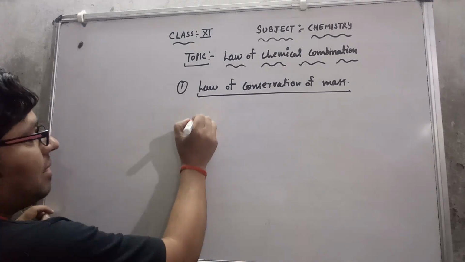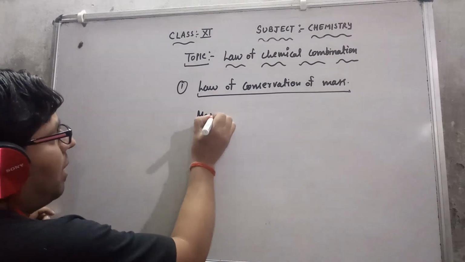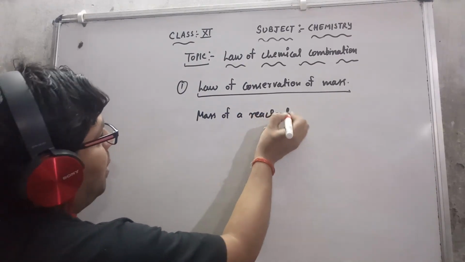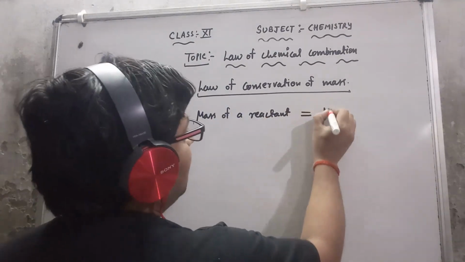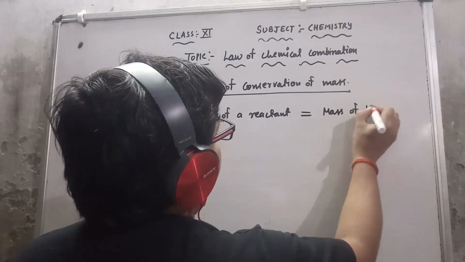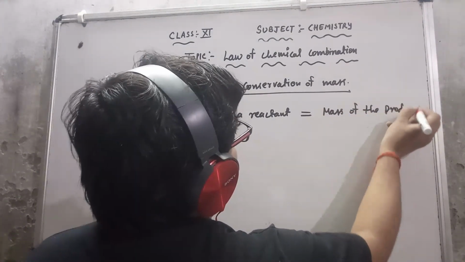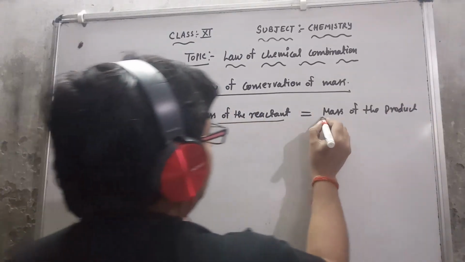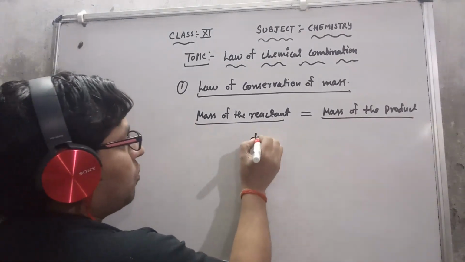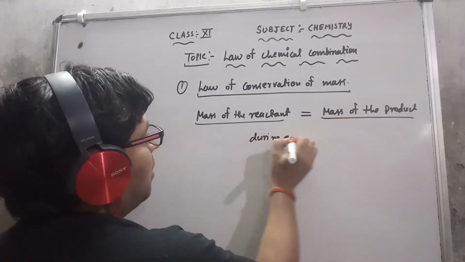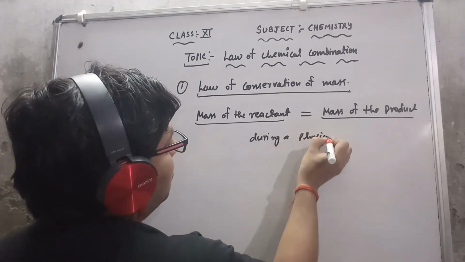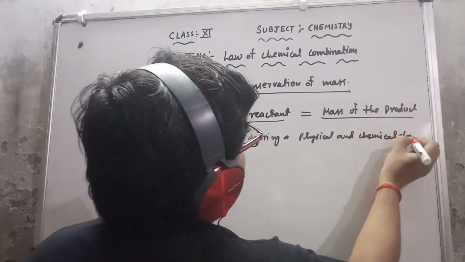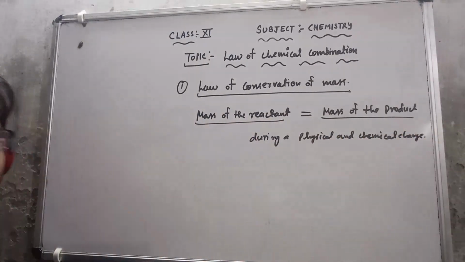So I can say that the mass of the reactant is always equal to the mass of the product, both during and after a physical or chemical change.